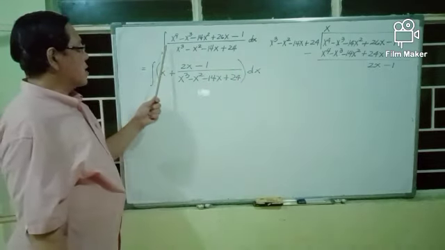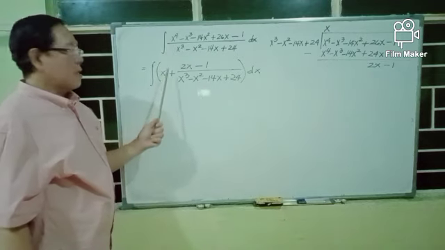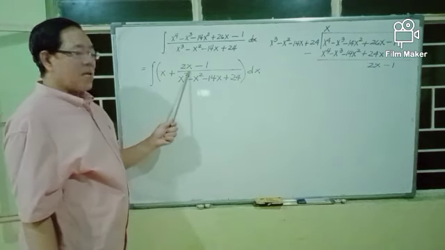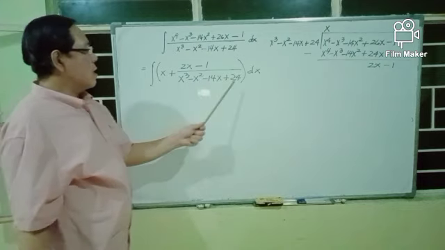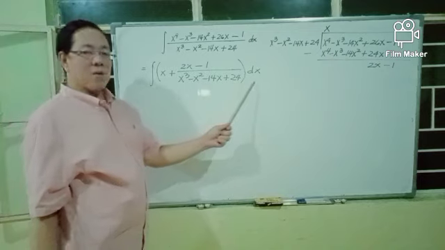We write the rational expression as x plus the remainder 2x minus 1 divided by the divisor, and we integrate with respect to x.